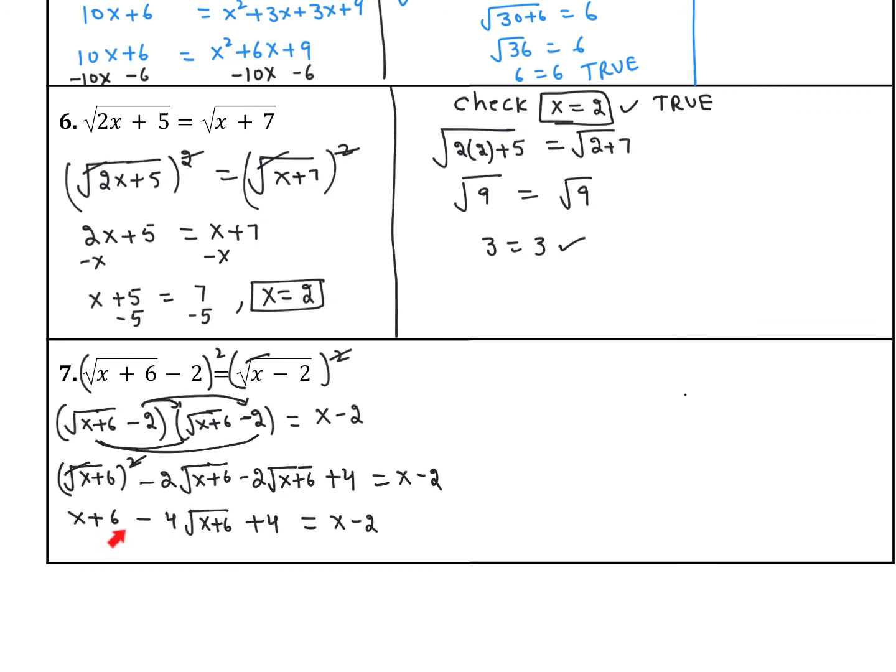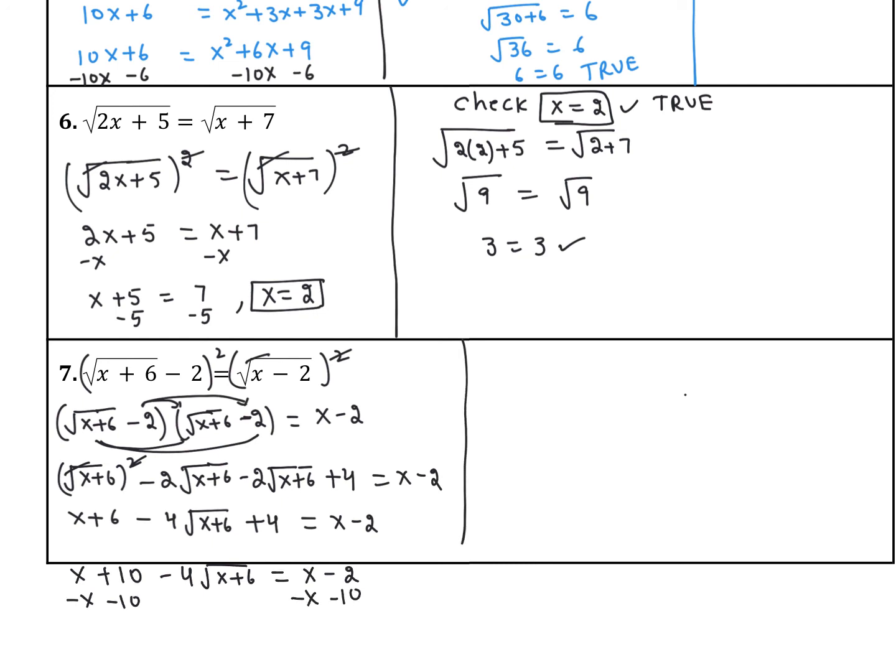You can combine the 6 and 4, and you get x plus 10 minus 4 square root of x plus 6 equals x minus 2. Now you're going to isolate the square root, so negative x on both sides and negative 10 on both sides.